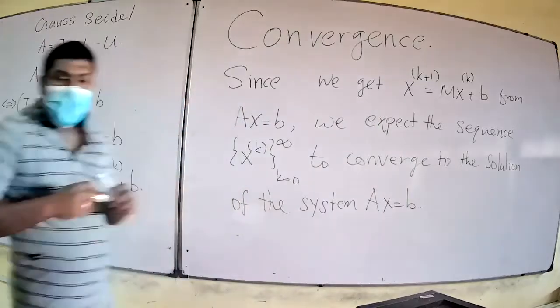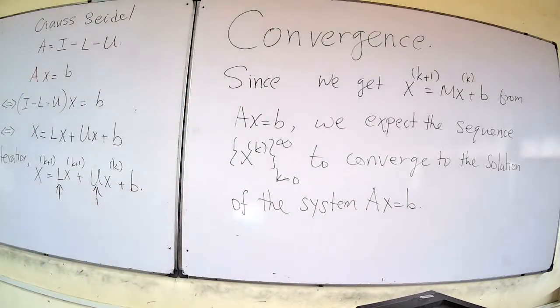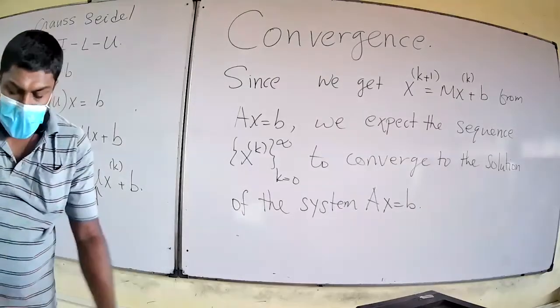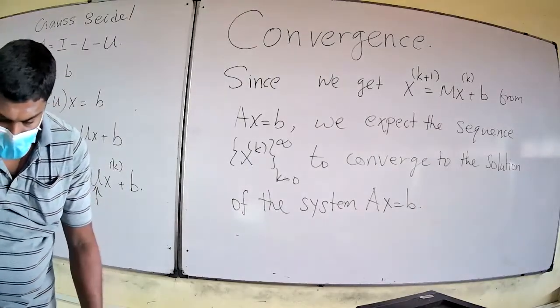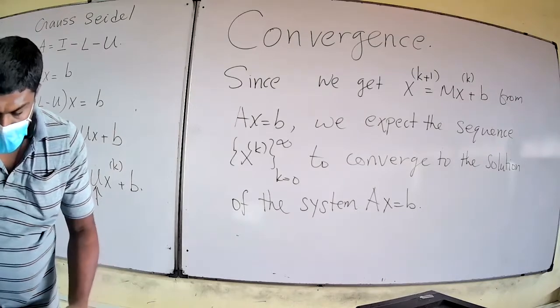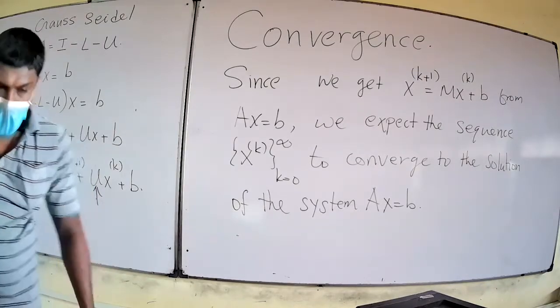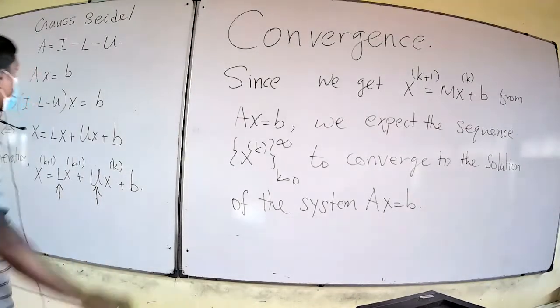This is natural because you know that from Ax equal to b, we developed the iteration. So now, if the sequence converges, then you know that it will automatically converge to the solution of the system. But the question is, will the sequence converge? That is what we wanted to see. So in order to see the convergence, we will prove that as a theorem here.